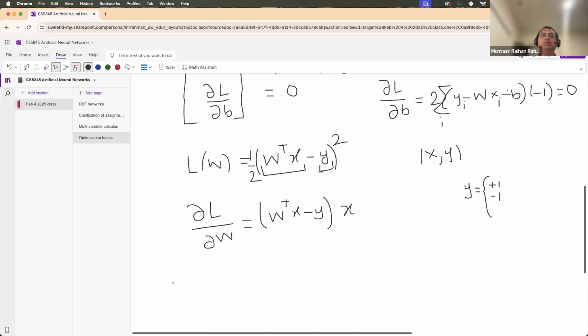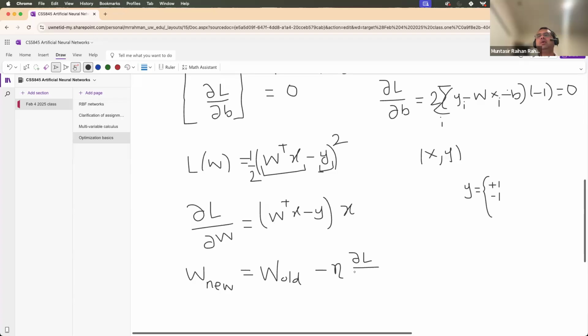We're going to talk later about gradient descent. The gradient descent rule is that the new value of the weight vector is the old value minus some learning rate times the gradient.